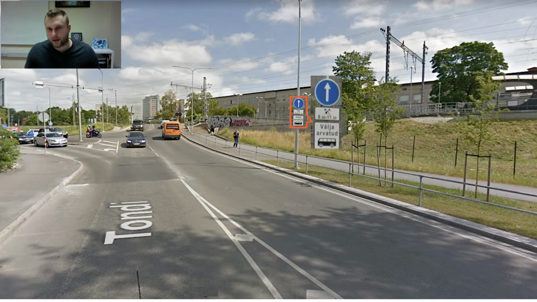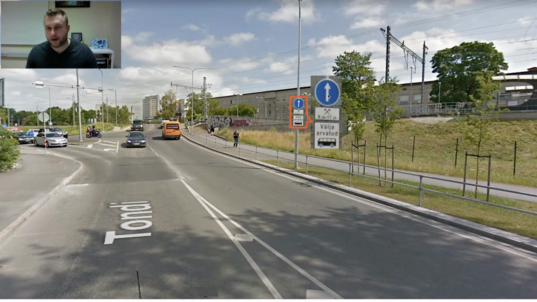This sign applies on working days only, starting from 8 till 5:30. And the arrow means except buses. So buses can turn any direction they want, any day they want. This sign is not applying for them, but it applies for all other vehicles, obviously.